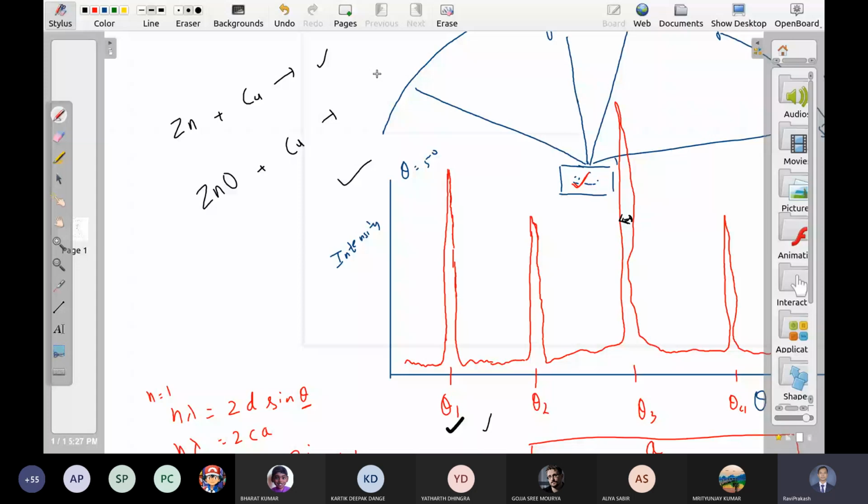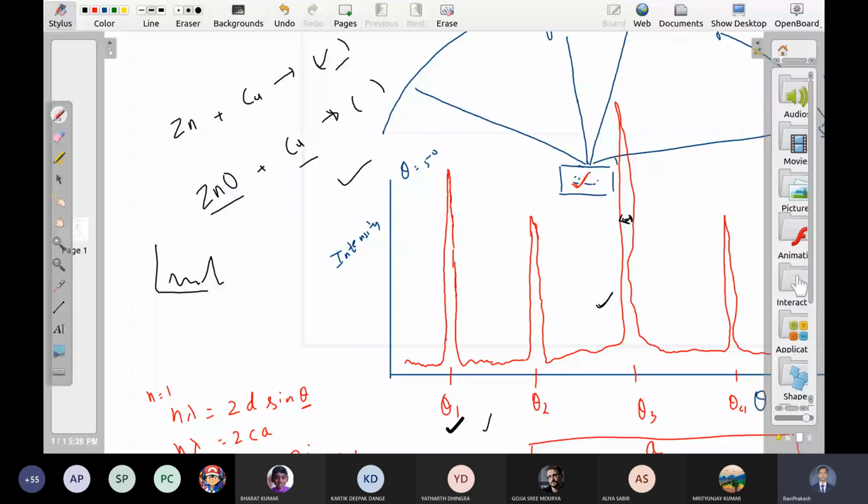But how will you confirm what exactly is in your sample? The same thing which you wanted or the thing which you do not want? How will you know? This tells you. Make zinc oxide plus copper, take XRD, use it as a reference graph. Now try to make your sample, check it with the reference graph.